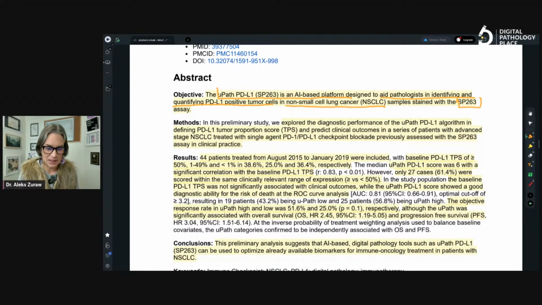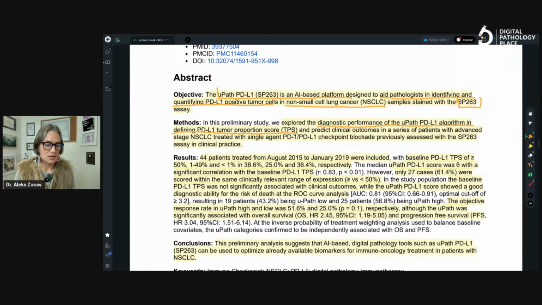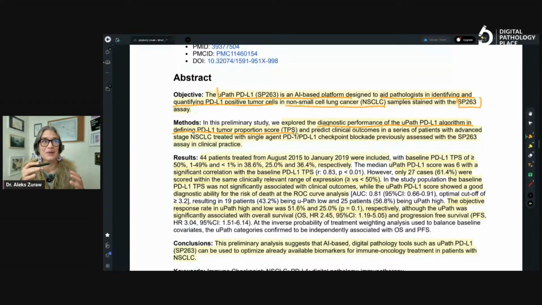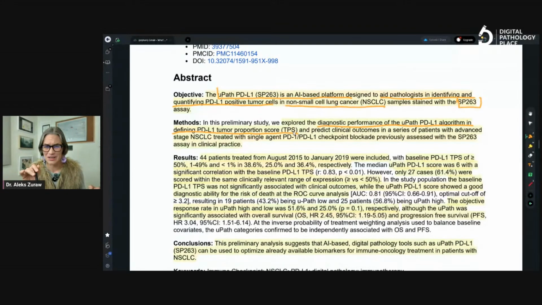In this preliminary study, they explored the diagnostic performance of uPath PD-L1 in defining the PD-L1 tumor proportion score. You have the same marker, but for each of these antibodies, there's a different score that you need to calculate. So you need to know which antibody you're using, because several of them are companion diagnostics for a specific drug, so the cutoff differs.